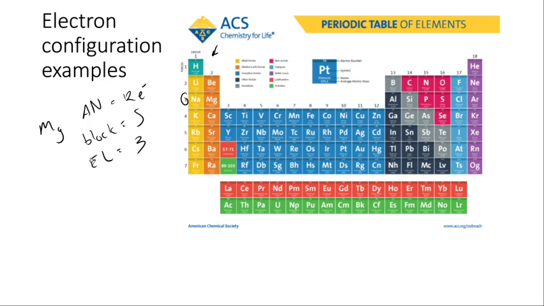So we're going to start out just like we did last time. We start at the very beginning. That's a very good place to start. We see in S, first energy level, we have 1, 2 electrons. We know 1s2. In 2, in S, we have 2 electrons. 2s, 2. In 2p, we have electrons 5, 6, 7, 8, 9, and 10, which means we have 1, 2, 3, 4, 5, 6, right?